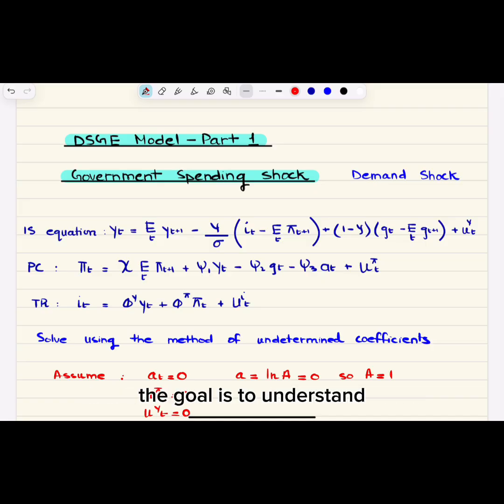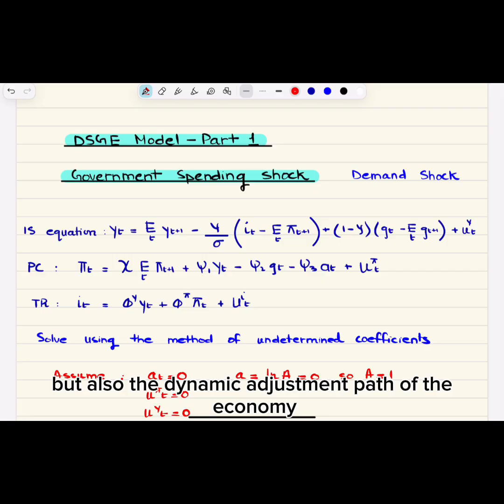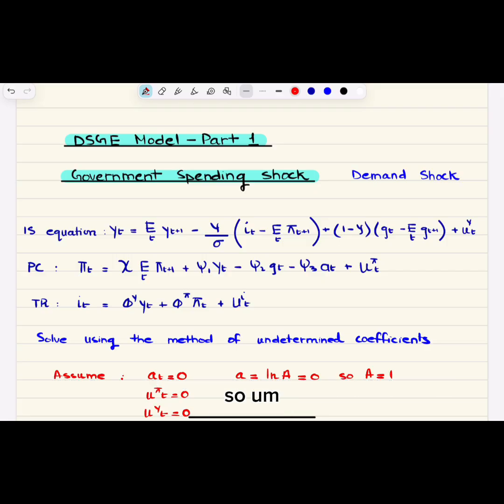The goal is to understand not just the direction of the effects, but also the dynamic adjustment path of the economy. And it is also solved quite similar to the way we solve for a monetary innovation shock.